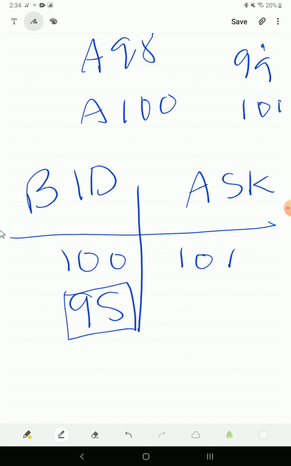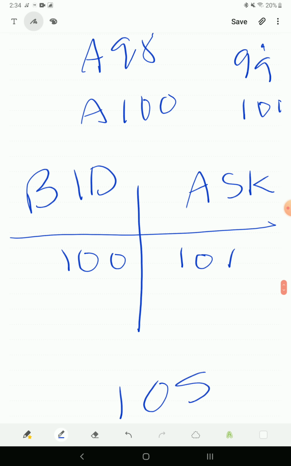Let's not go short. Let's go long. You bought it at like $105, we'll say 105. Then the price drops to 100 now, and your stop loss is at $95, so you're automatically going to put in a stop loss for $95. Makes sense?